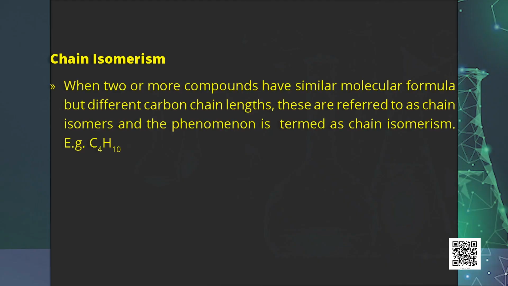So, first of all, we start with chain isomerism. When 2 or more compounds have similar molecular formula but different carbon chain lengths, these are referred to as chain isomers and the phenomenon is termed as chain isomerism.